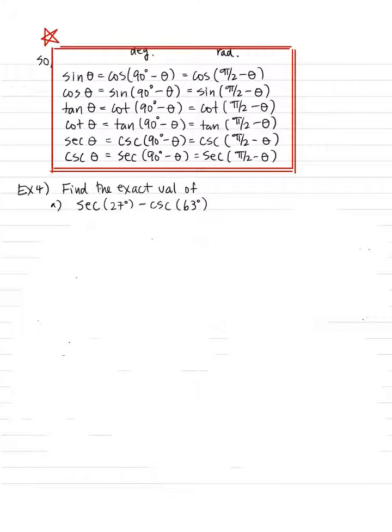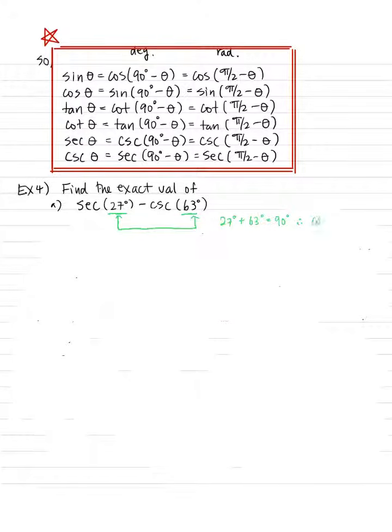So example 4, find the exact value of secant of 27 degrees minus cosecant of 63 degrees. Okay, so first step, 27 degrees and 63 degrees. Are they complementary angles? I believe so, because 27 degrees plus 63 degrees equals 90 degrees.